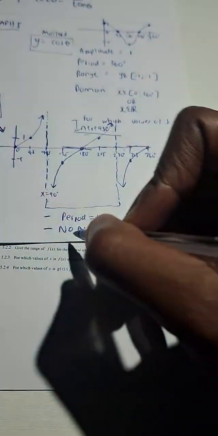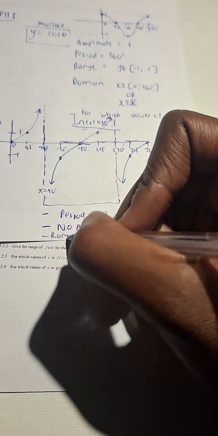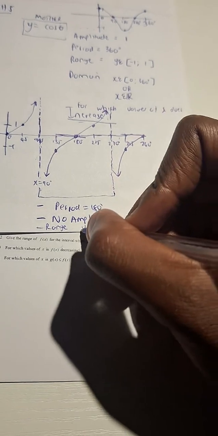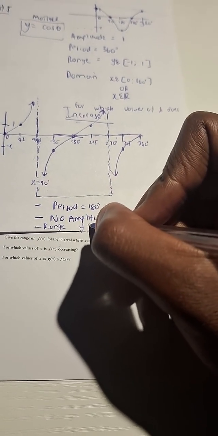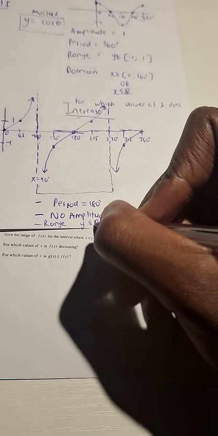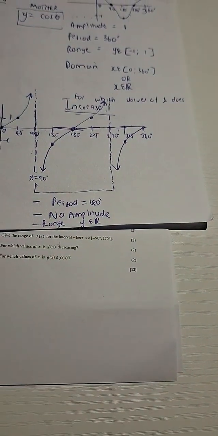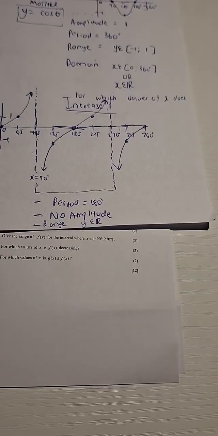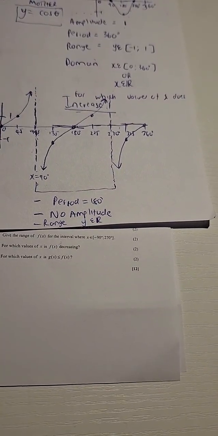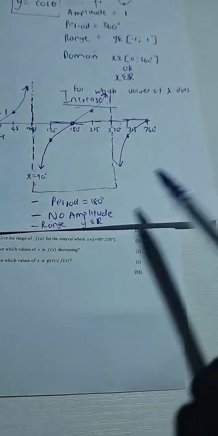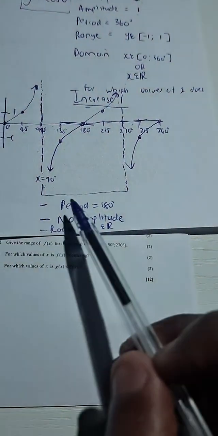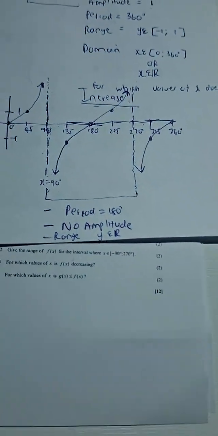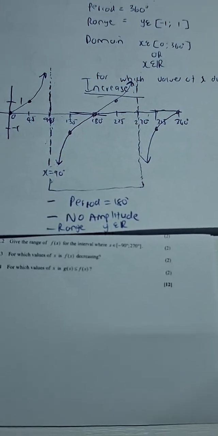Then what about range? Possible y values where the function exists? Definitely, y is an element of real numbers. So if it comes to the test and they ask you what is the amplitude of a particular tan graph, you simply write no amplitude. You can't say 0.